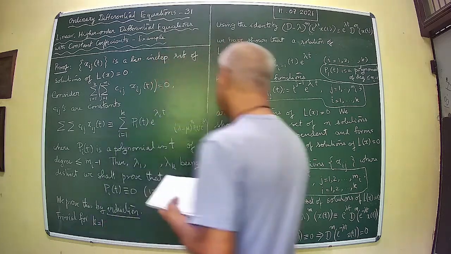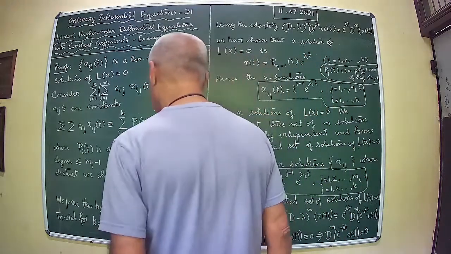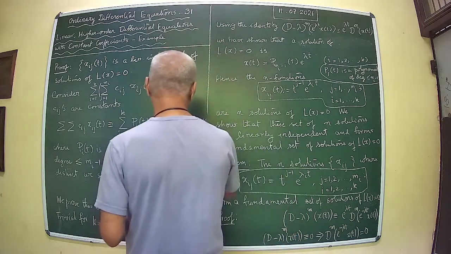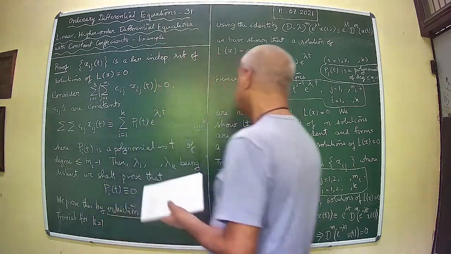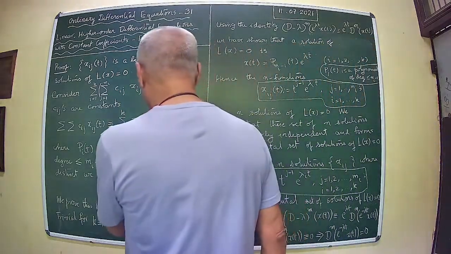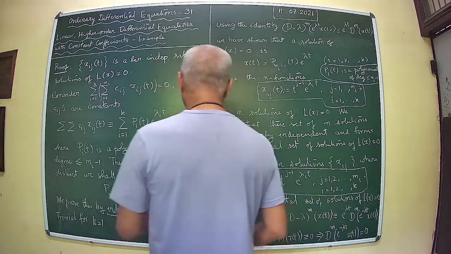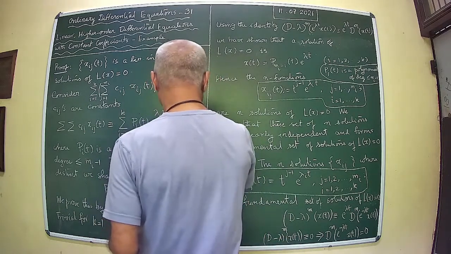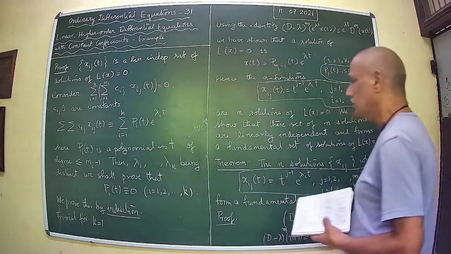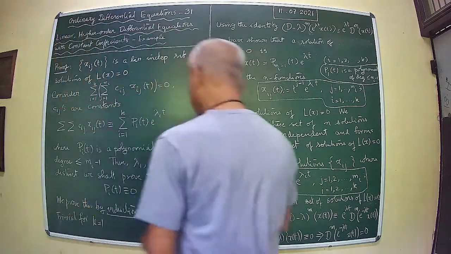This is what you get. Where p(t) is a polynomial of degree less than or equal to n minus 1, and you see that e to the power mu t is not equal to 0, therefore this implies p(t) equal to 0. So that's very simple, right?